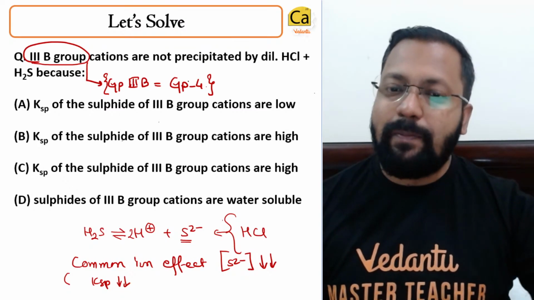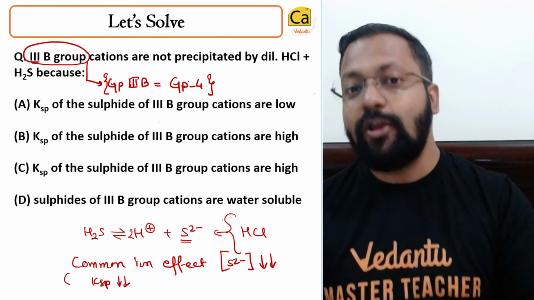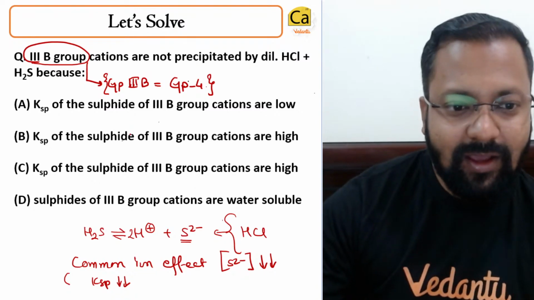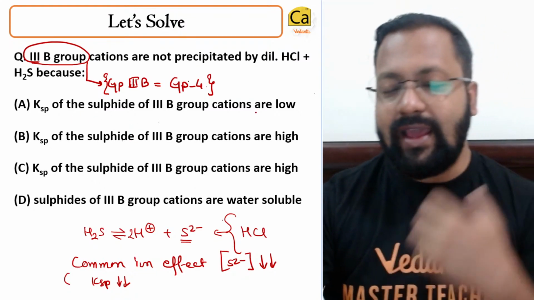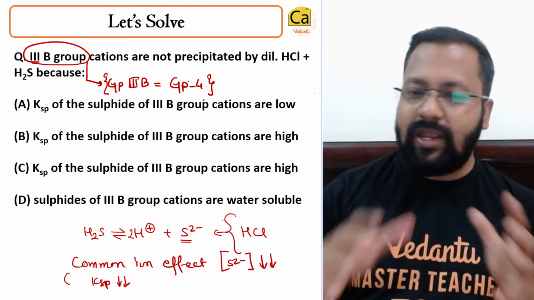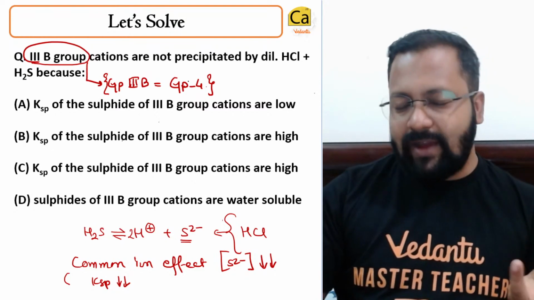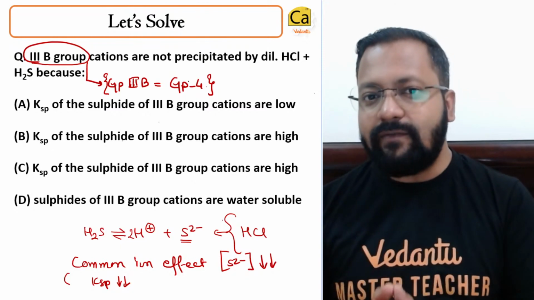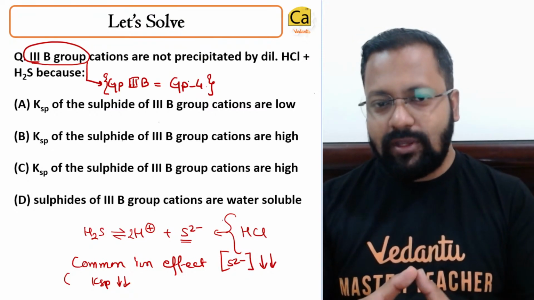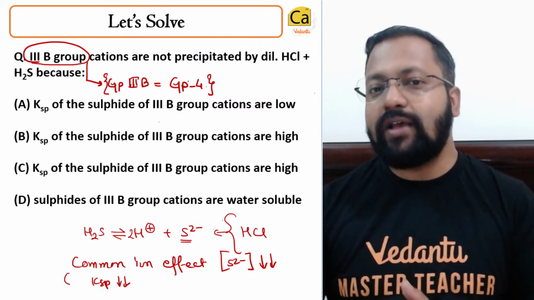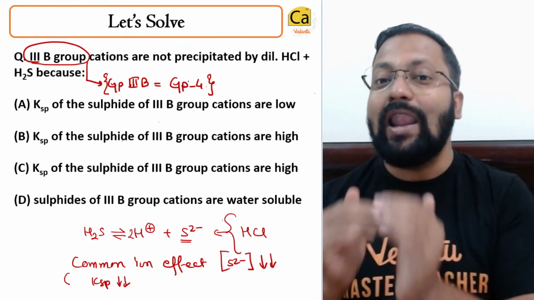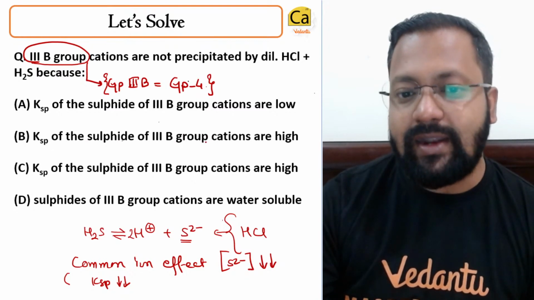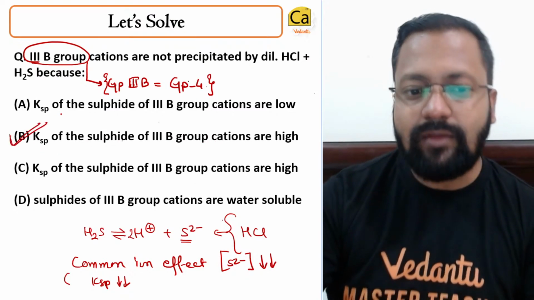Those cations will not be precipitated with low concentration of sulphide whose sulphides have a high solubility product. क्योंकि अगर solubility product ज़्यादा है and the amount of ions are less, then precipitation does not take place. Precipitation takes place only when the amount of ions increases to a substantial extent so that the ionic product becomes larger than the solubility product. So KSP of sulphide of group 3b cations are high. The right answer should be B.